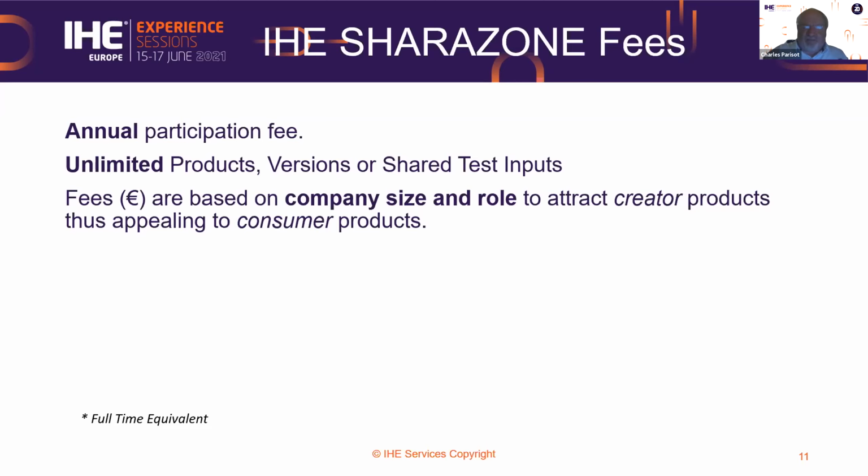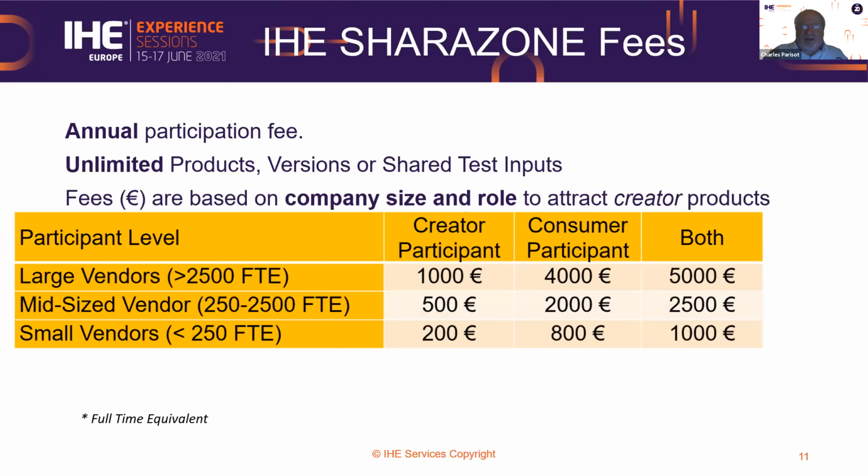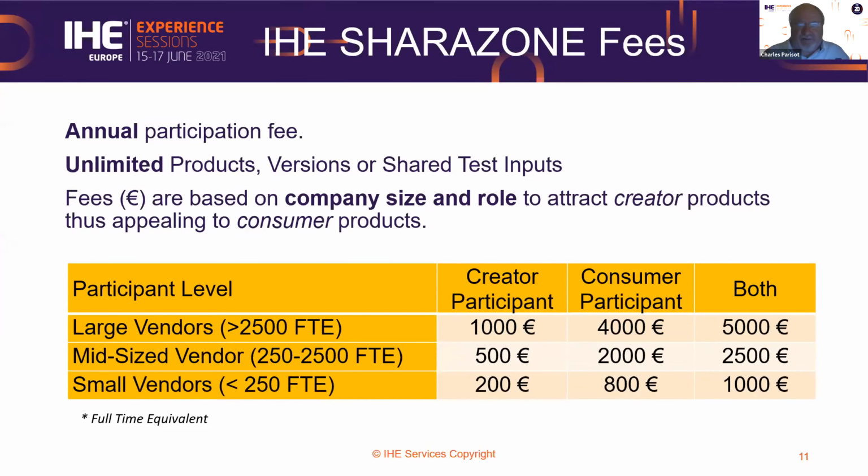We have a fee that, however, we base on the company size, because we want to favor a smaller vendor that typically has less product to test than a larger vendor that may have more variety of products on offer. Therefore, you see the fee schedule here, where there is one axis where you pay whether you're a large vendor, more than 2,500 full-time equivalent employees, all the way down to the smaller vendors.